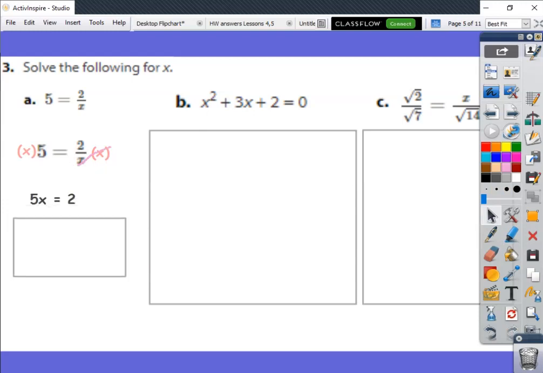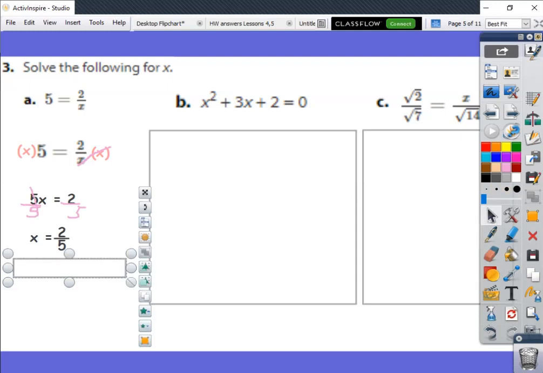Now divide both sides by 5. Again, my 5s cancel out, so I get that x is equal to 2 over 5.